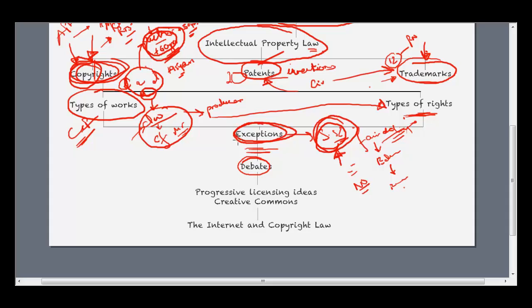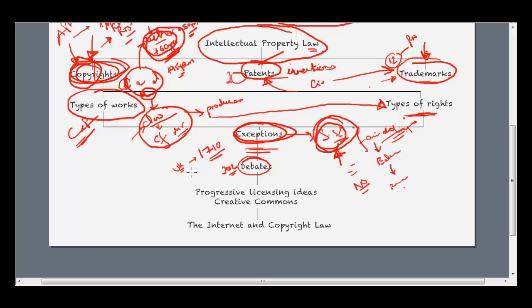Well, the simplest explanation is, since the time that these sort of laws were first thought of, so we're talking about around 1710, which is when the first copyright statute or the first copyright act as we understand it today came about in the world, in the UK, to now, the nature of the means of reproducing works and recreating works and making new works has changed dramatically.